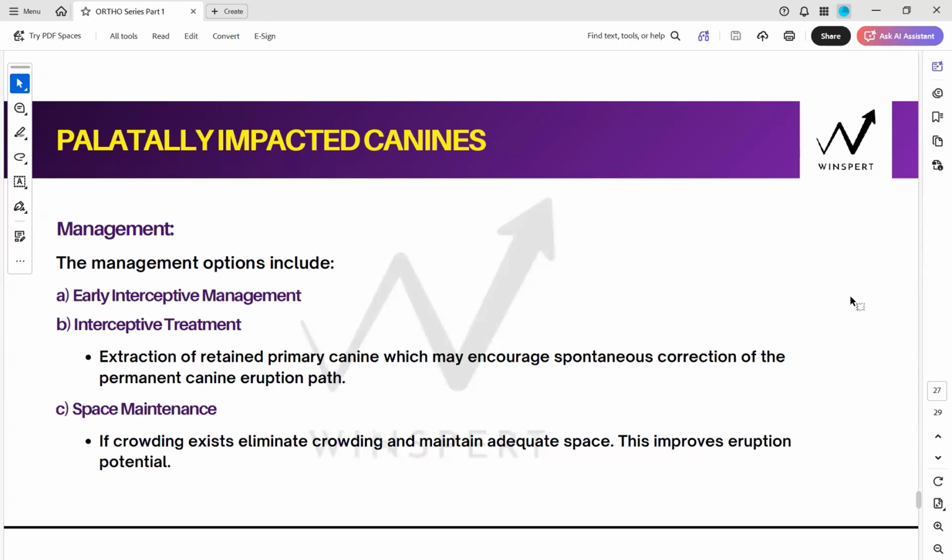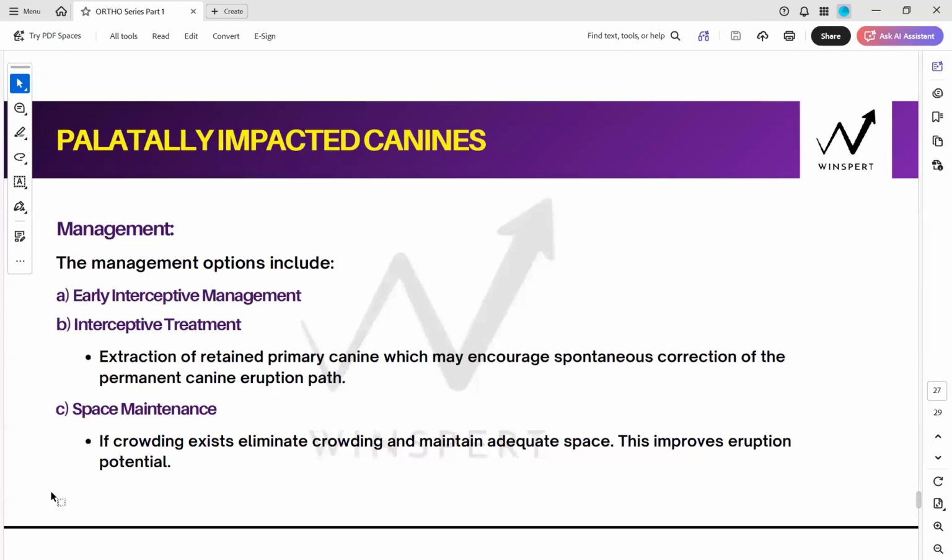It is usually successful when the patient's age is 10 to 13, displacement is mild, and sufficient space exists. You will maintain the space. If there is crowding, you will eliminate the crowding and maintain adequate space, which will improve the eruption potential. So that's your interceptive management.